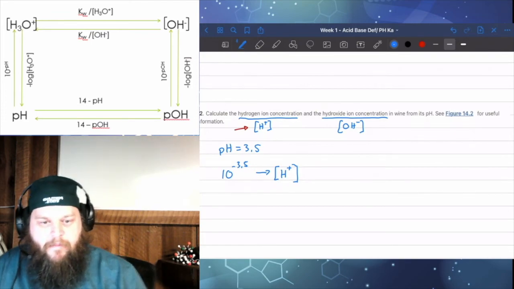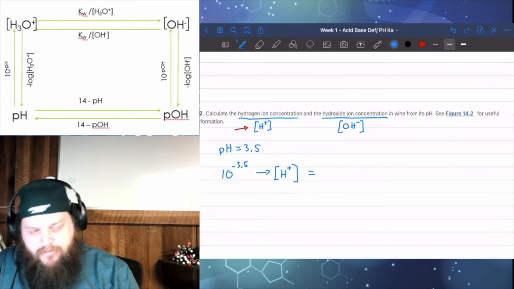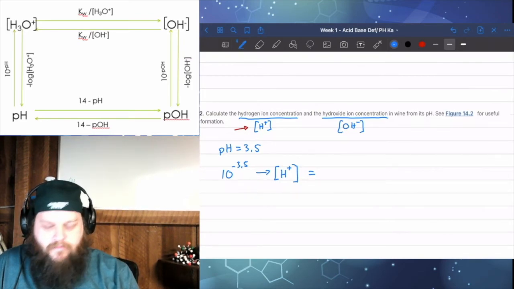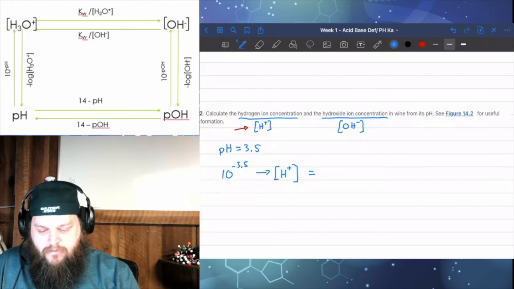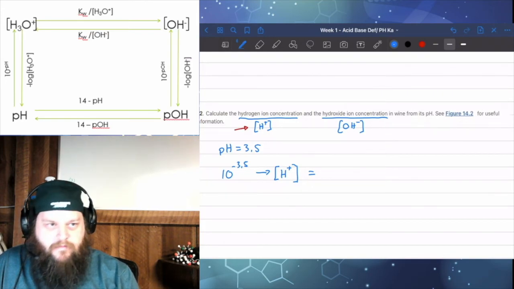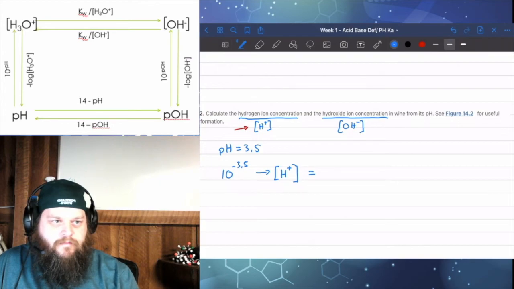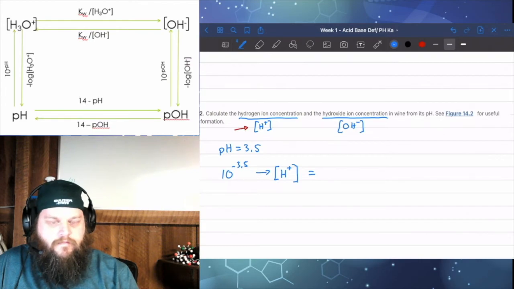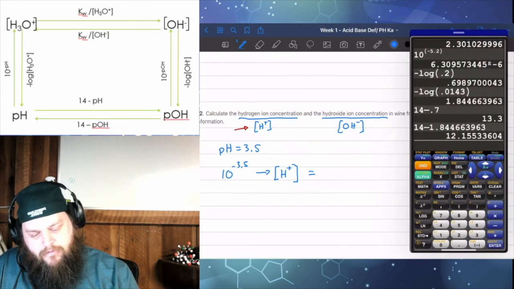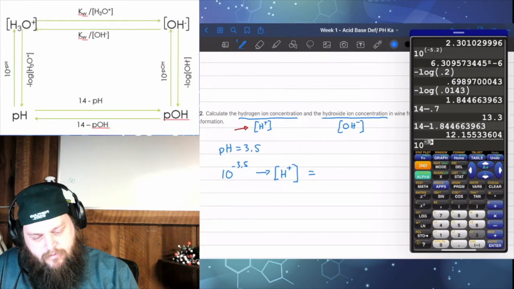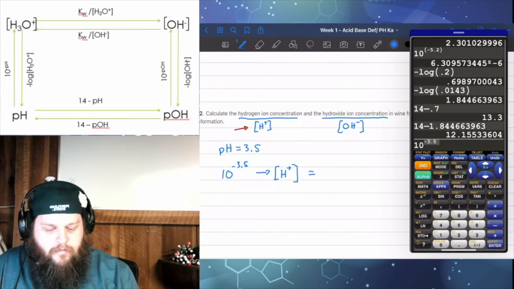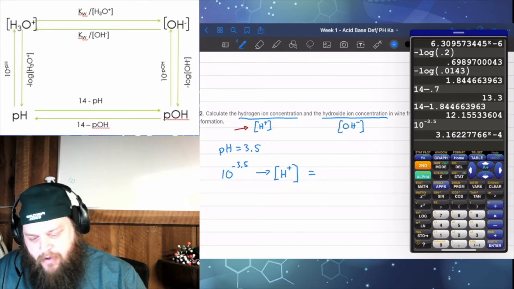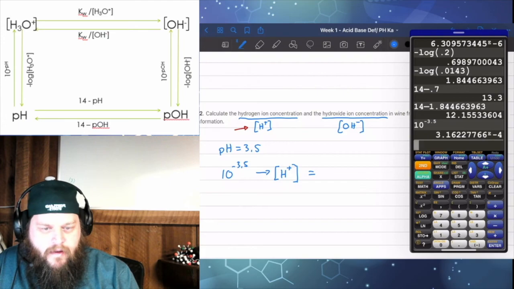What do we get? I'm getting 3.16, say 3.2, times 10 to the negative 4.